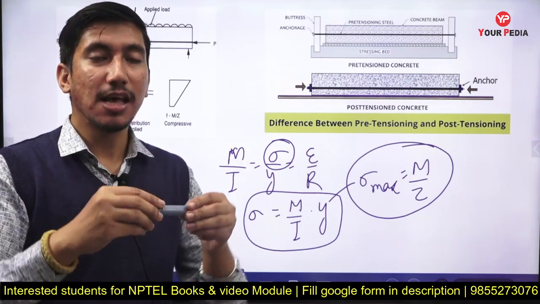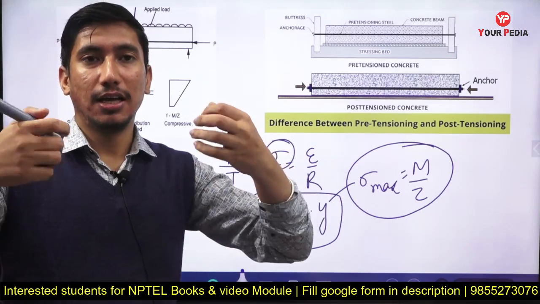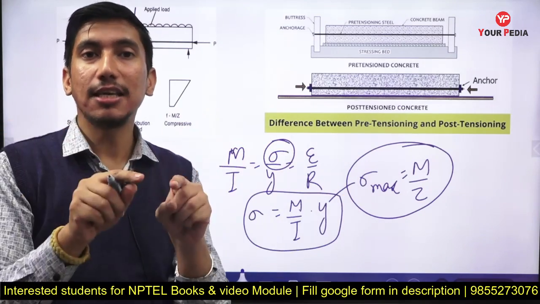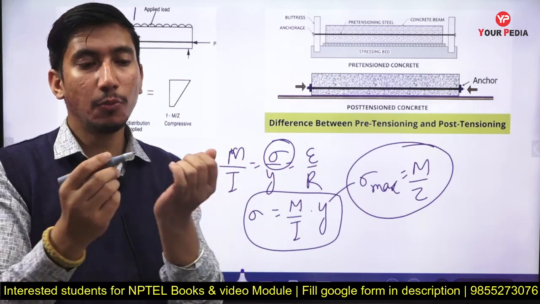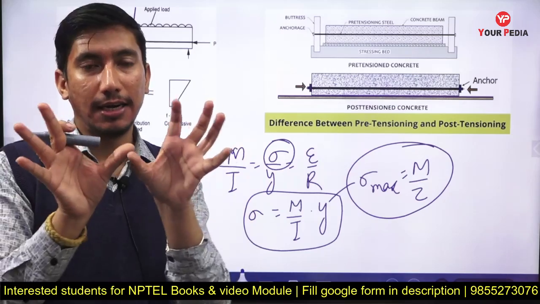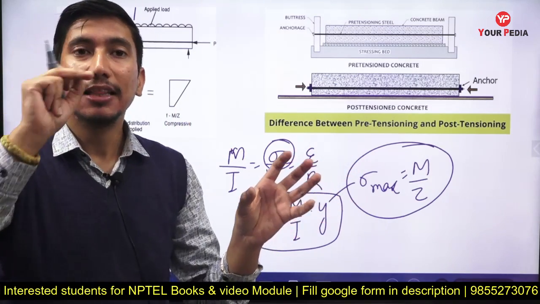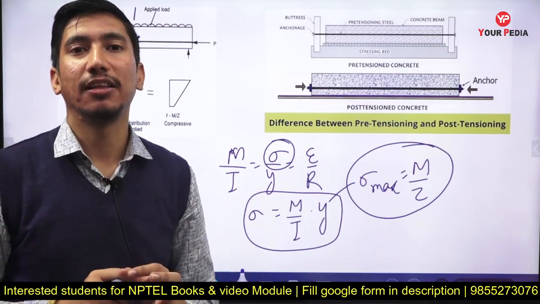So by tensioning the steel, we are trying to tension the steel. Now steel is in direct contact with concrete. When one portion in a composite is under tension, the other material will experience compressive stress.